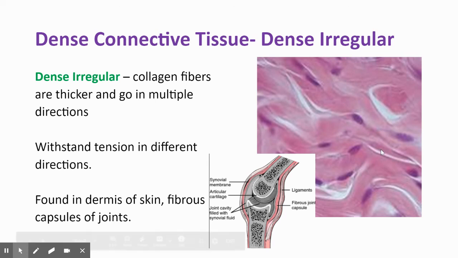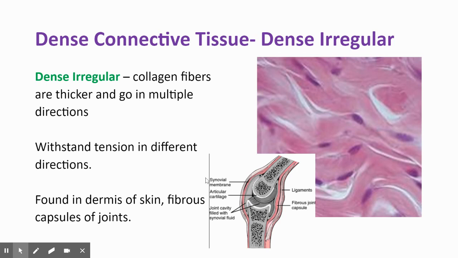That's why it's called irregular, because the fibers go in multiple directions. This is helpful if you have a part of the body that has to be pulled in different directions. So you have parts that have to withstand tension, whether it's being pulled from side to side, up and down, all of that. Multiple directions.